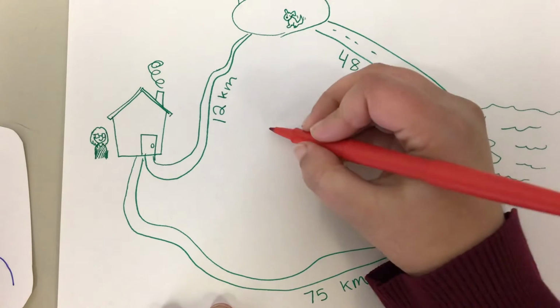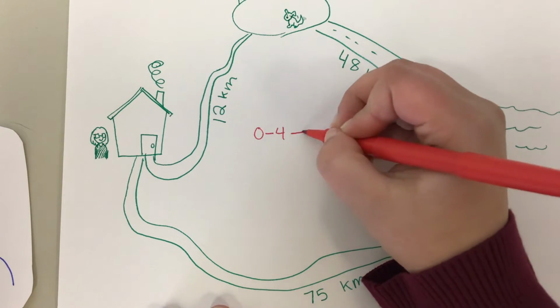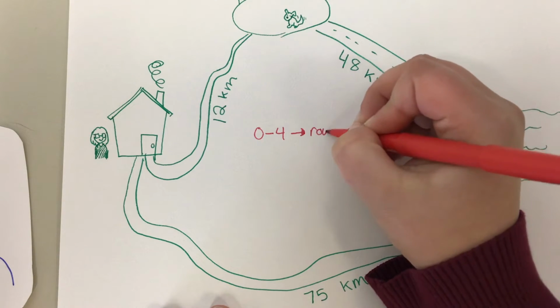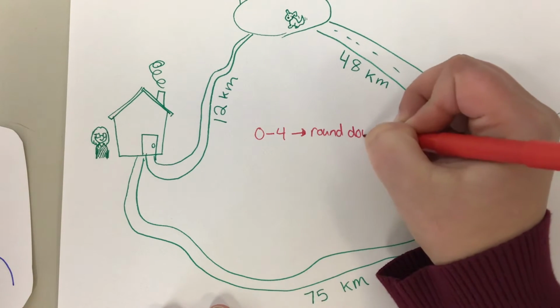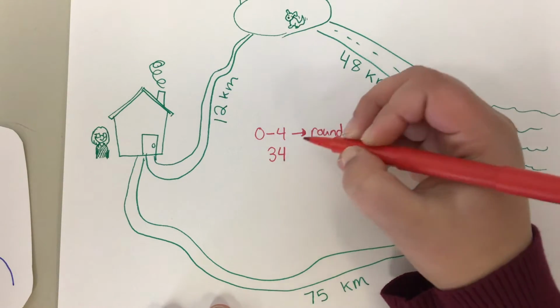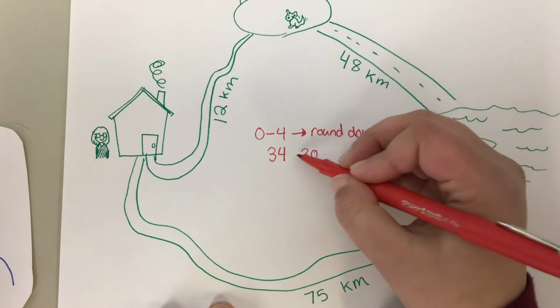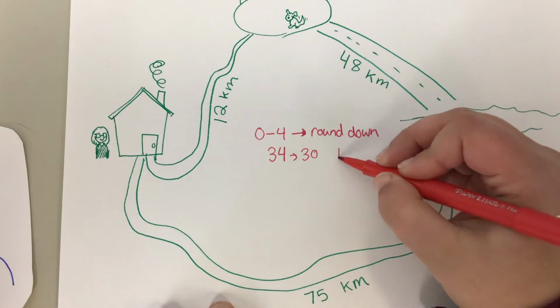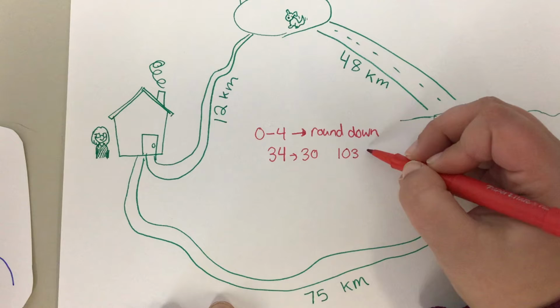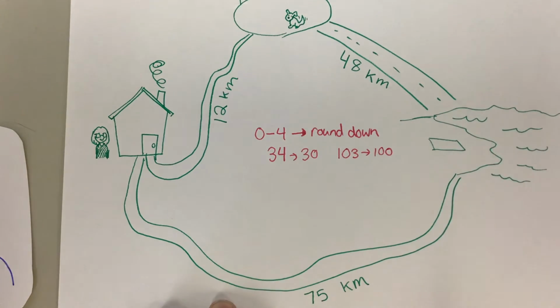So if a number is 0 to 4, we always round down. For example, if I had the number 34, I would round it down to 30. If I had the number 103, I would round down to 100, down to the nearest 10. So there we go.